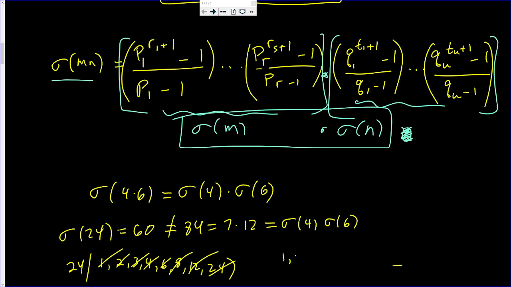Okay, so yeah, it doesn't work. Sigma of 24 is not sigma of 4 times sigma of 6.